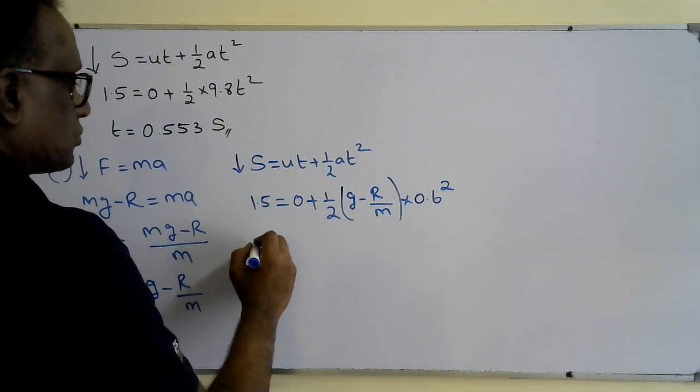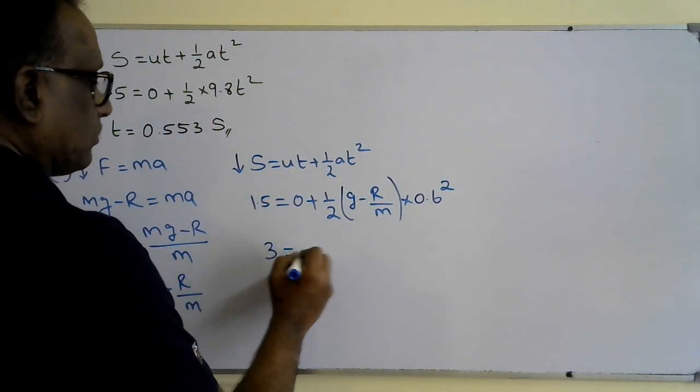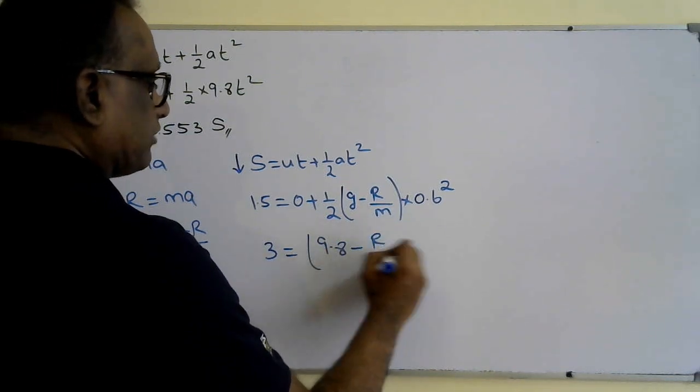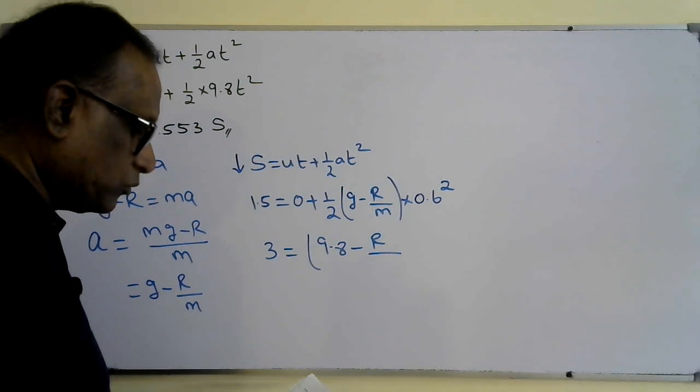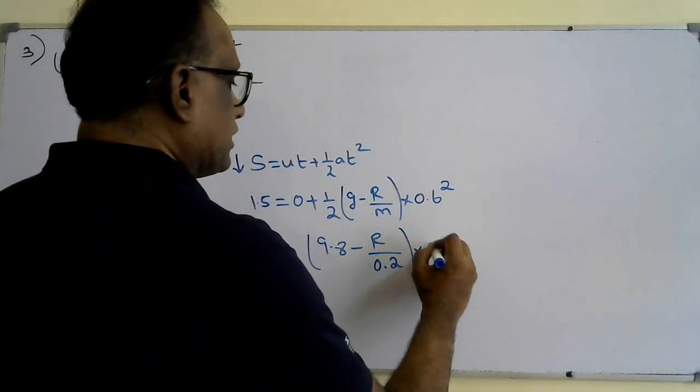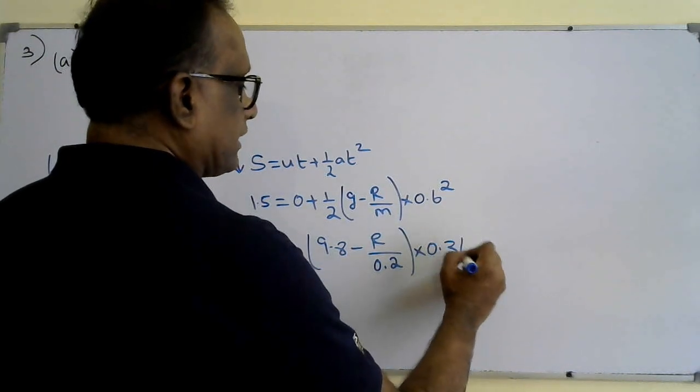Okay, we know everything. So cross multiply: 3 equals (9.8 minus r) times the mass of the book, which is given as 0.2, times 0.6 squared, 0.36. Okay, solve it.